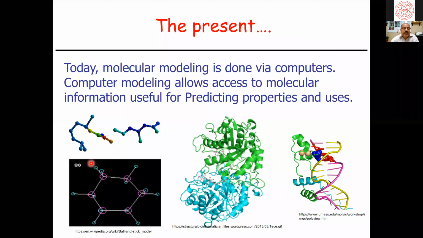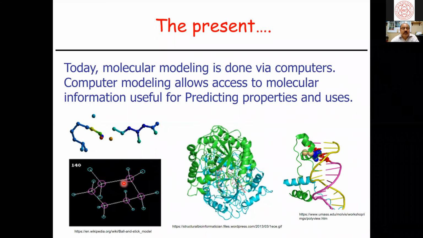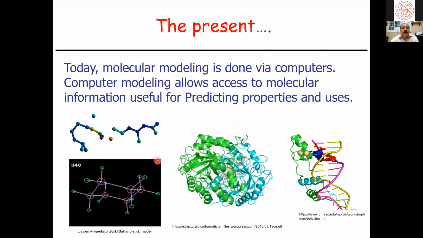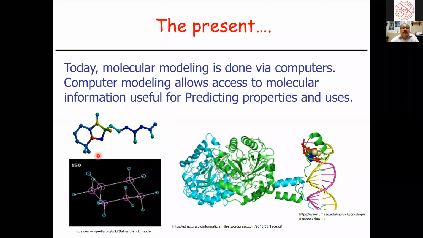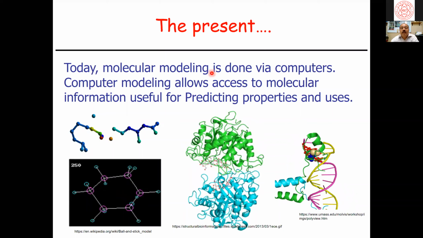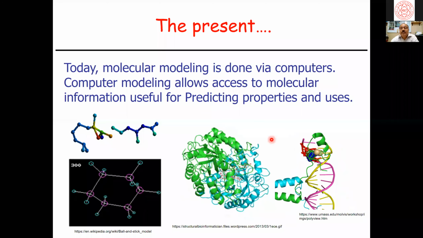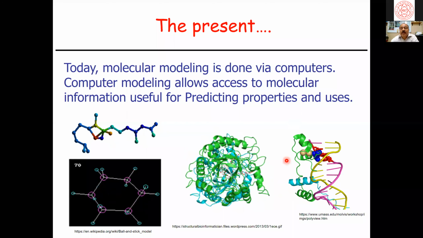Whether you want to see the properties of a small molecule, whether it is in a chair or boat conformation, how a molecule can be built to have various properties, or see how large molecules are assembled together to form an assembly, how a protein or DNA interacts, and so on.